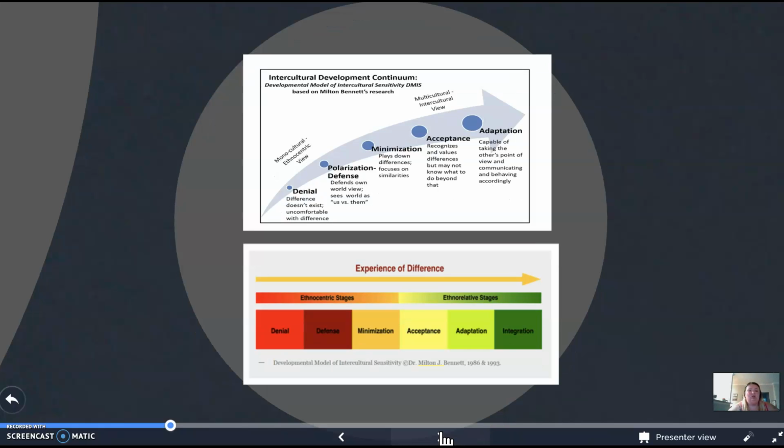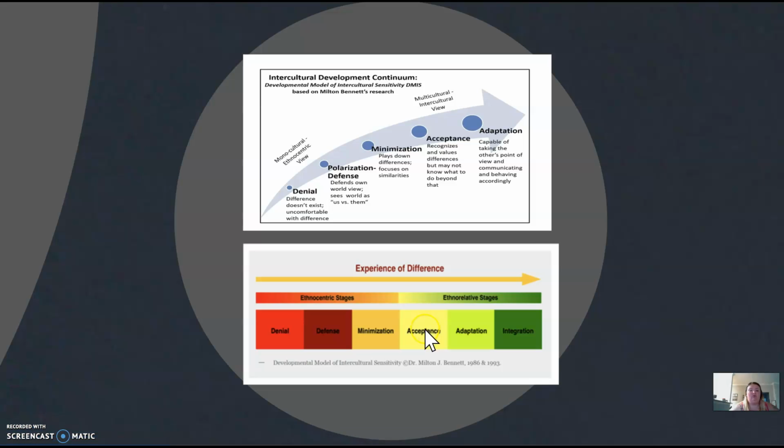This is the intercultural development continuum. There are 6 different stages: denial, defense, minimization, acceptance, adaptation, and integration. The graph below shows how hard and how easy it is to move through each stage.